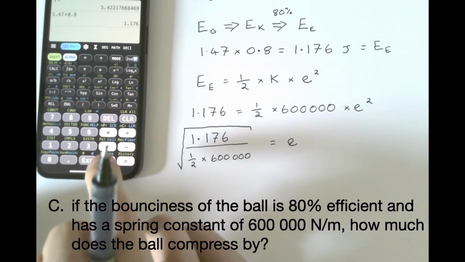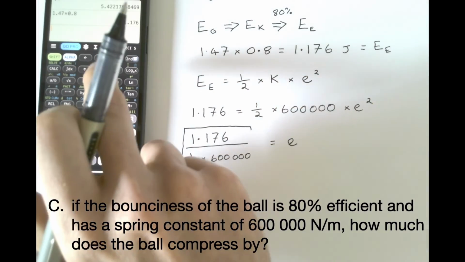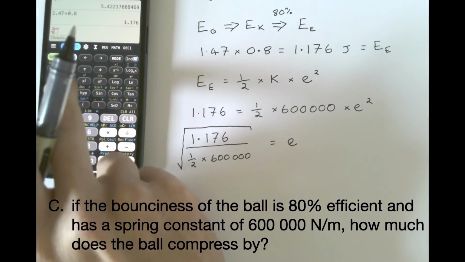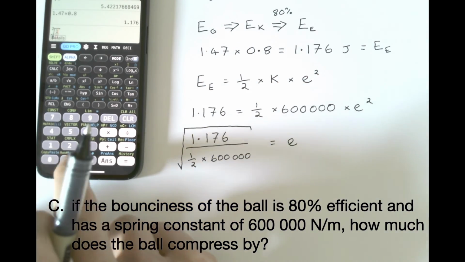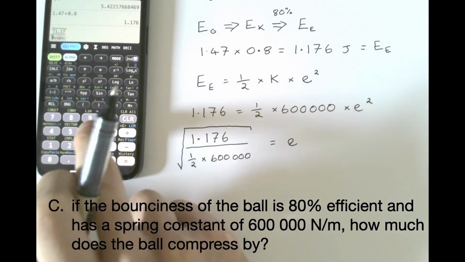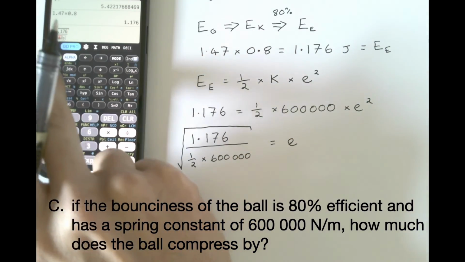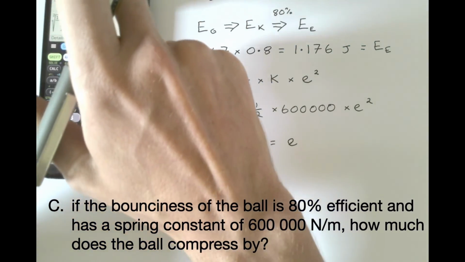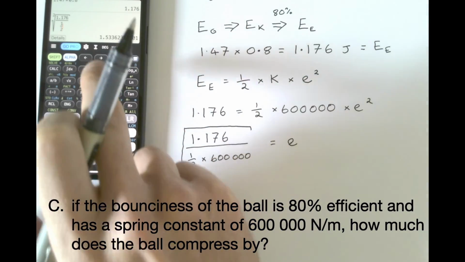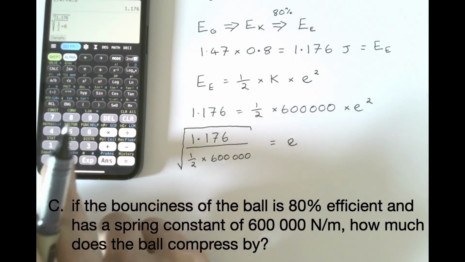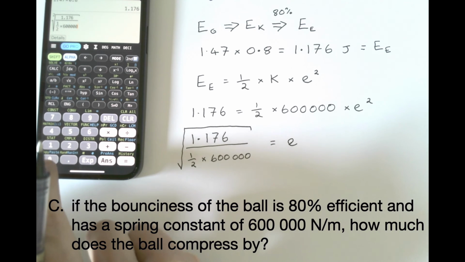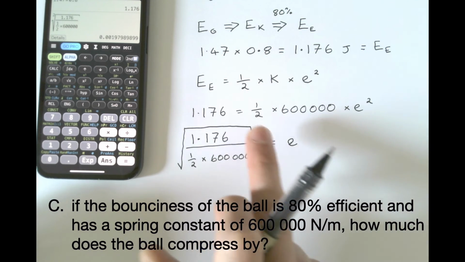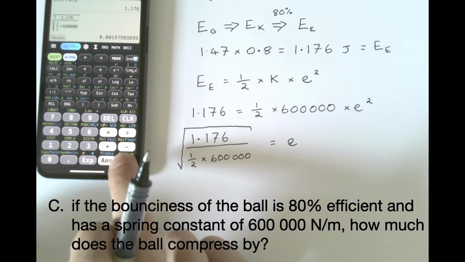So let's do that now. I want the square root of a fraction, 1.176 on the top, and on the bottom I want half multiplied by 600,000. Apologies if you can't see my calculator screen very clearly. I'm just typing in exactly what I've got written here.